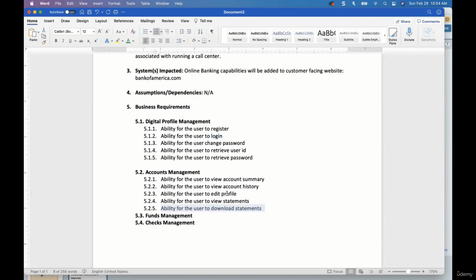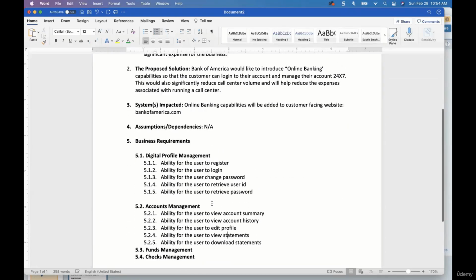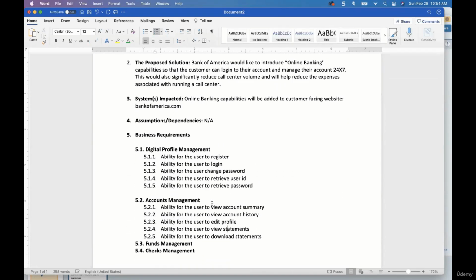So a business requirement is a high level requirement, tells you the what of the project. It is used to define the scope of the project, but it does not tell you the detailed requirements, which we're yet going to capture. Get it? Hence, the very first thing we have to do is define this document. We define the scope of the project, and then we'll capture the how of this.